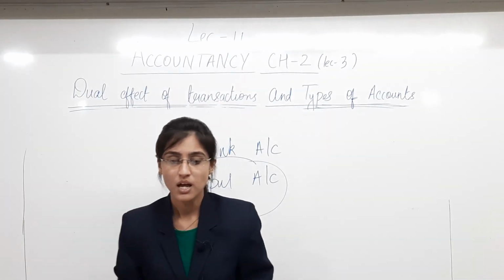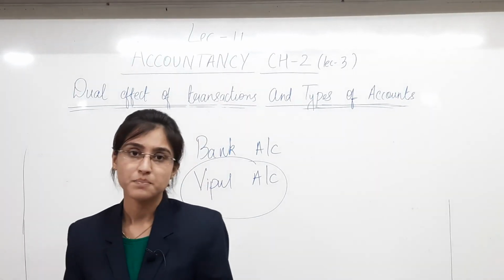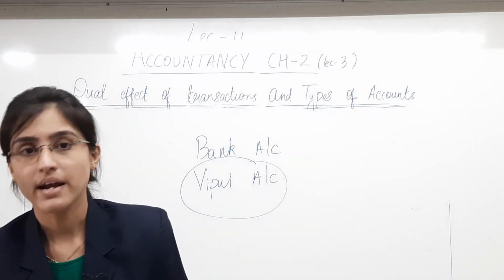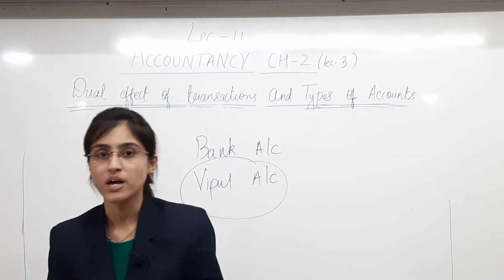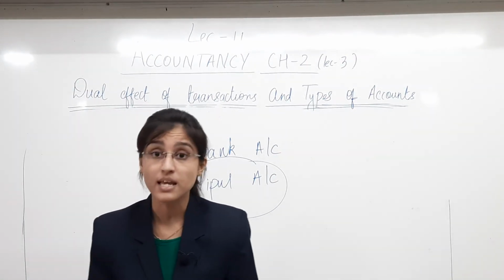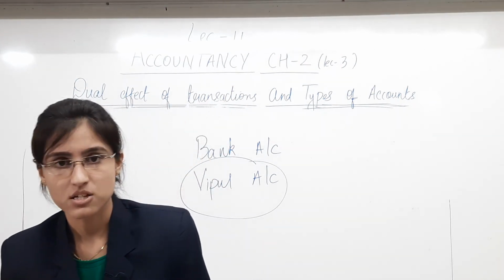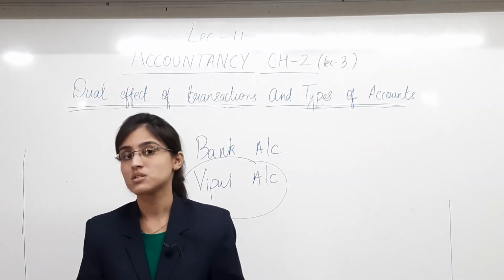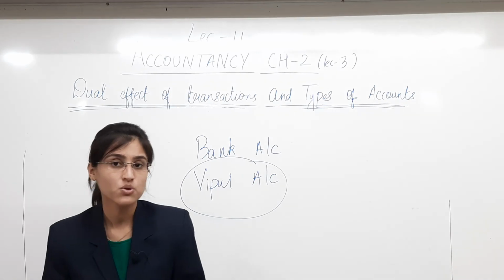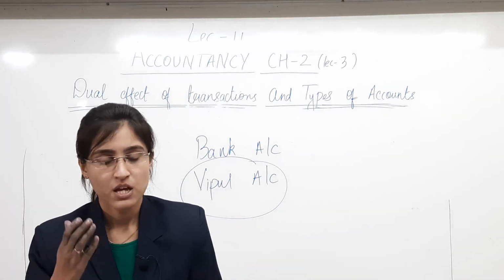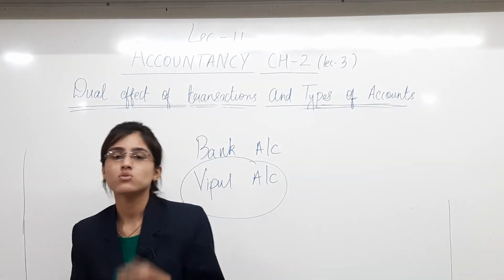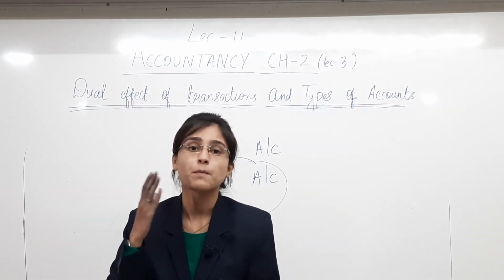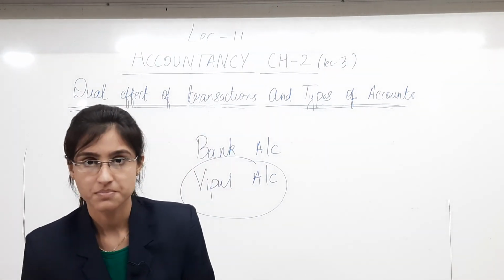With this we finish the understanding of this illustration. We finish illustration 3 here. We have understood the identification of two effects, first effect and second effect of the transactions. How to find out these effects has been explained to you in this illustration. Surely you will be able to find out the two effects slowly with practice of more sums.